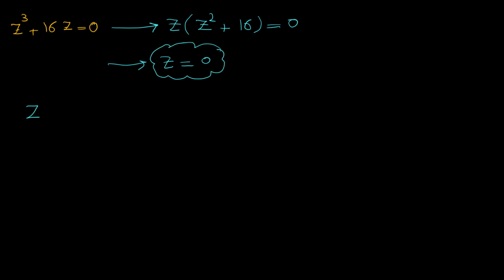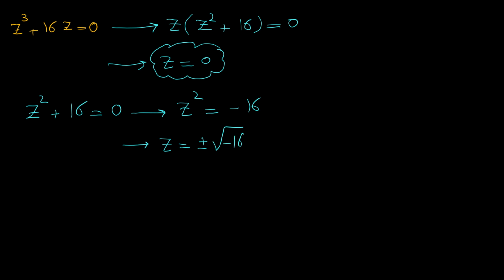But the other solutions we can find from setting this equal to 0. For solving this equation, you can use the quadratic formula. But the easier way is to move 16 to the other side. Take a square root from both sides. z equals plus minus a square root of negative 16.